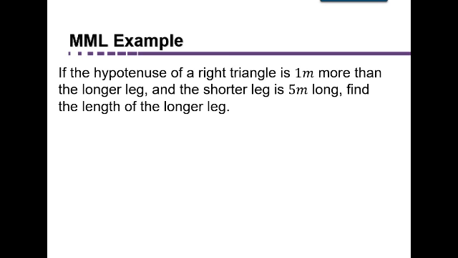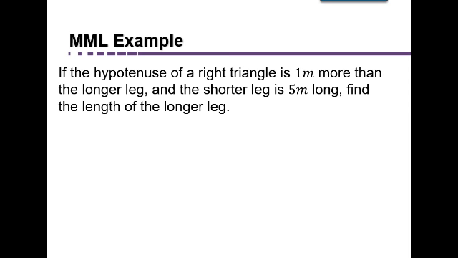Okay, another type of question would be something like this. If the hypotenuse of a right triangle is 1 meter more than the longer leg and the shorter leg is 5 meters long, find the length of the longer leg.